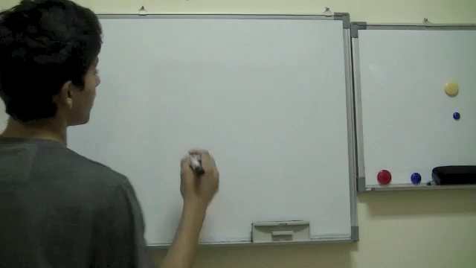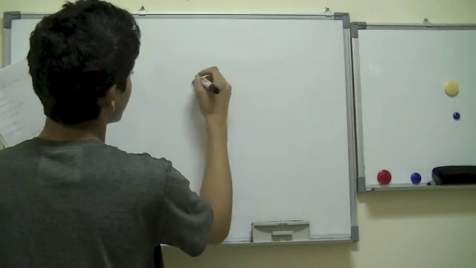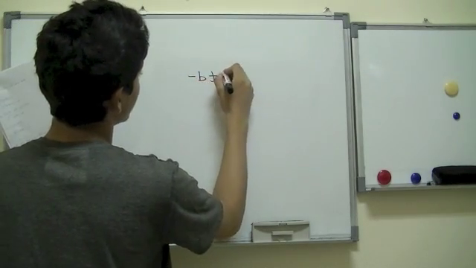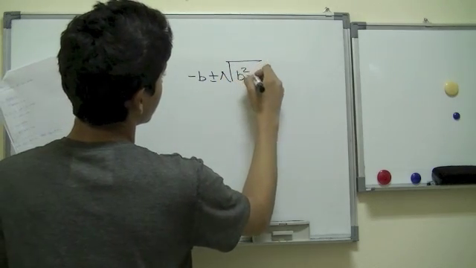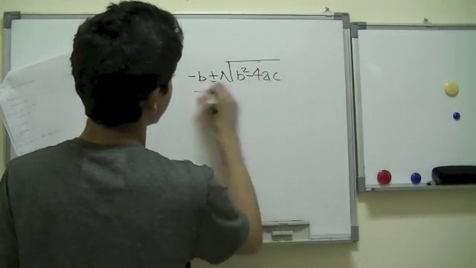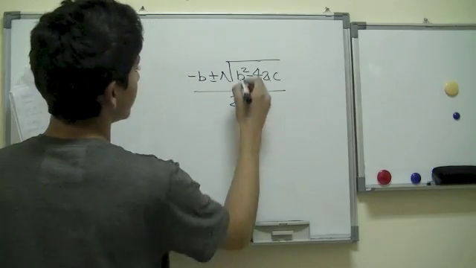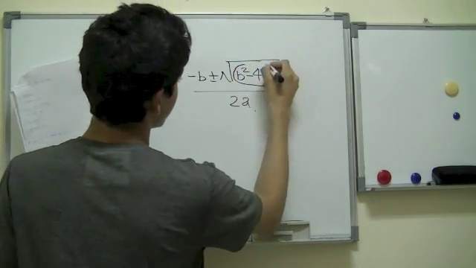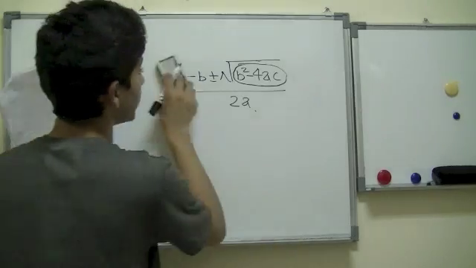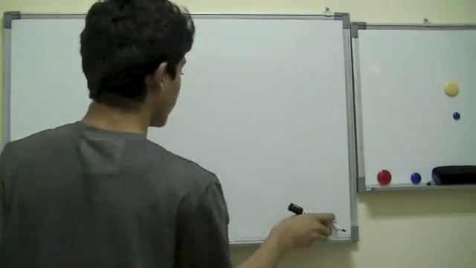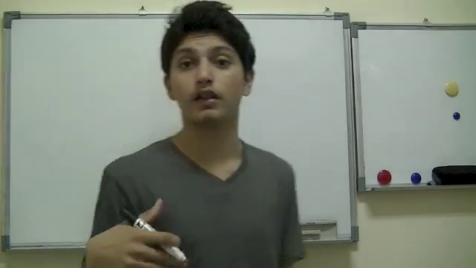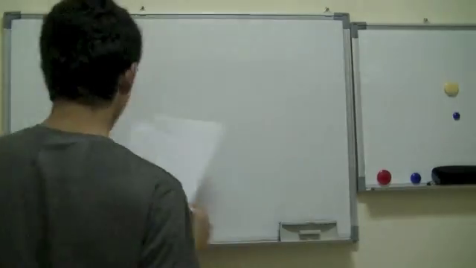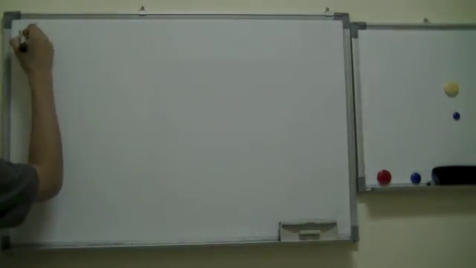The best way to remember this is the quadratic formula. If you remember the quadratic formula, the discriminant is the part under the square root. This is just a tip, so you don't feel like you have to memorize a lot of things. Okay, so let's go ahead and use the real equation.